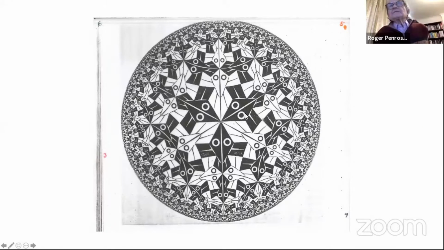These fish creatures have circular eyes to illustrate the fact that it's conformal. The eyes remain circles right up to the edge. I've actually seen the original of this picture, and it's extraordinarily well done, how precisely it's right up to the edge. You can't see it so well in this reproduction, but it is extremely accurately done.